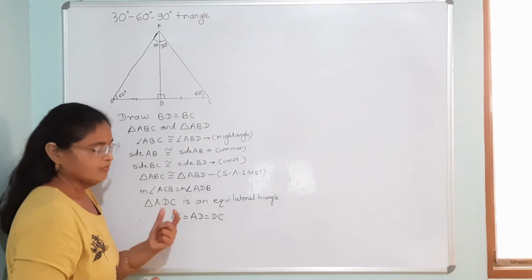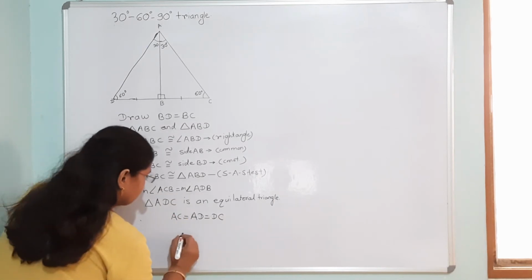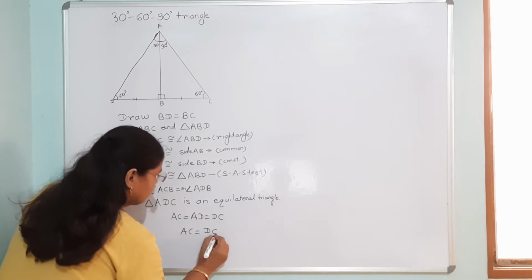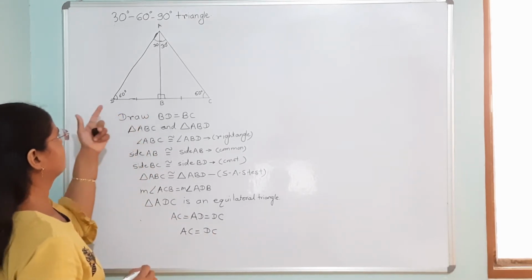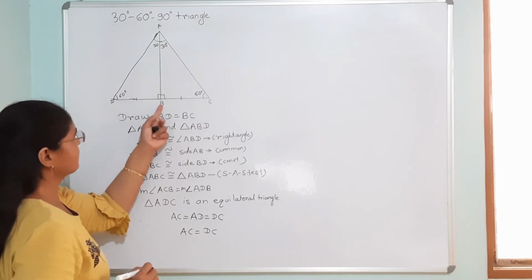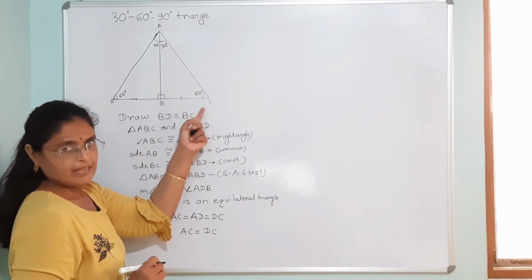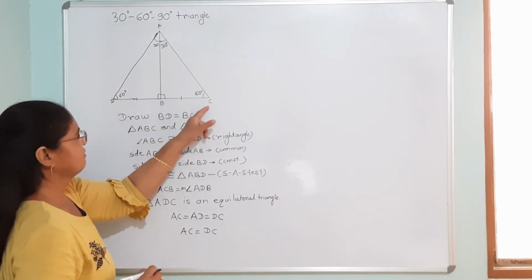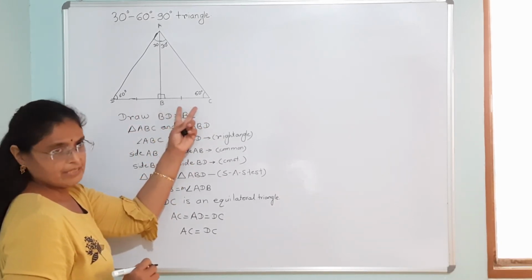Three sides are equal. From this, we take AC equal to DC. But as we know, DC whole is made up of DB plus BC and each has equal length. That means DC is equal to twice BC.